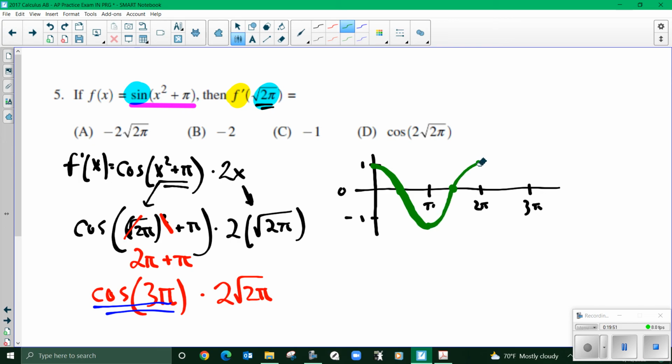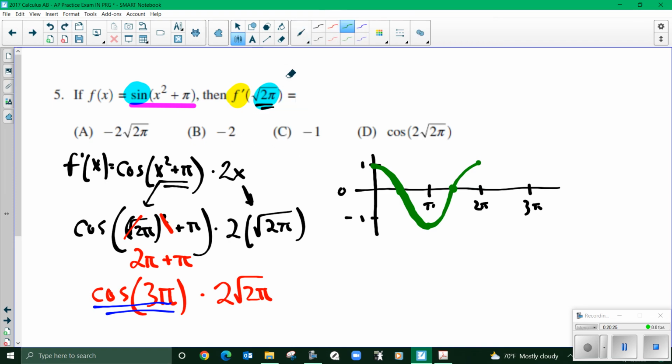Bam. But I don't have 3 pi, do I? Because cosine will repeat the same thing over and over again, which means it'll go down to here. It'll just keep on going forever. So at 3 pi right here, the value is, oh yeah, I'll be okay. Watch the magic. Boop.